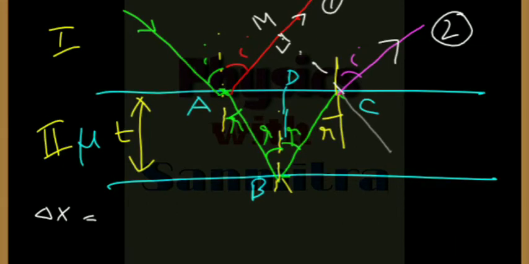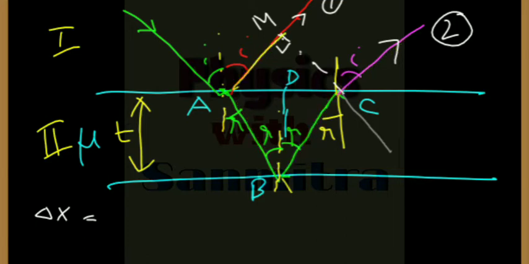Here this light is moving this much, and before it started, this light has already moved up to this, but this reflected ray actually had to travel a distance this much in the medium, then move.